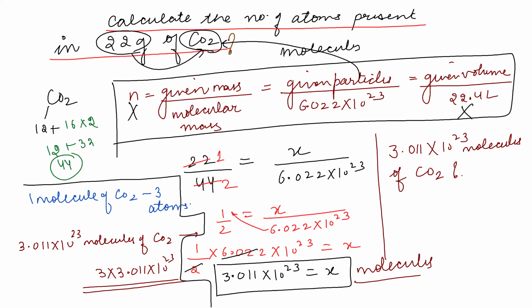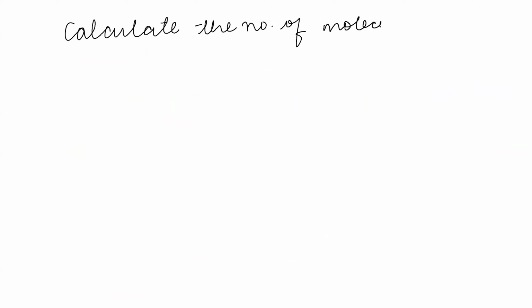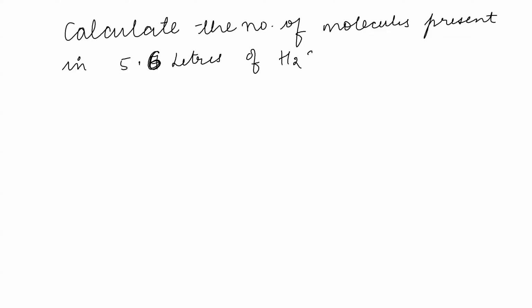Now calculate one more question. Now the question says calculate the number of molecules. So we have to apply two formulas simultaneously. Molecules present in 5.6 liters of H2SO4 gas.